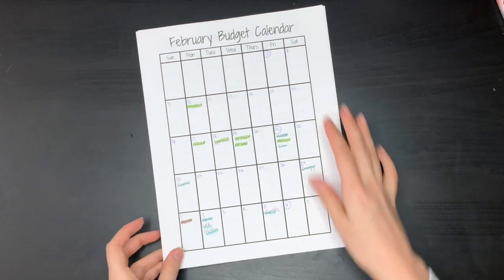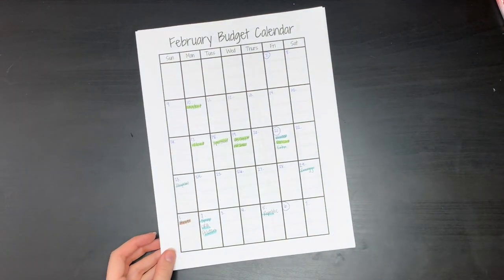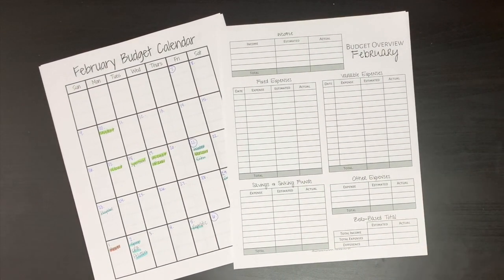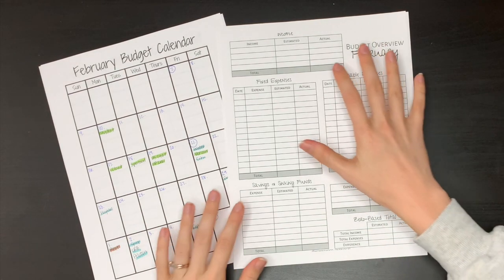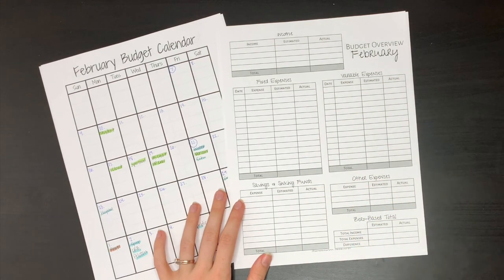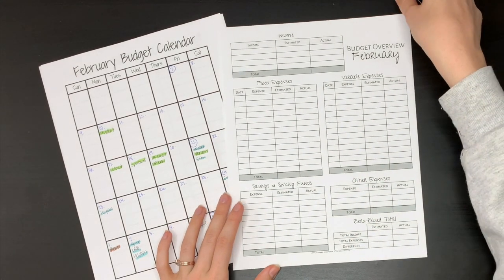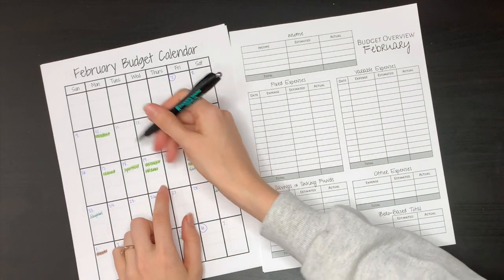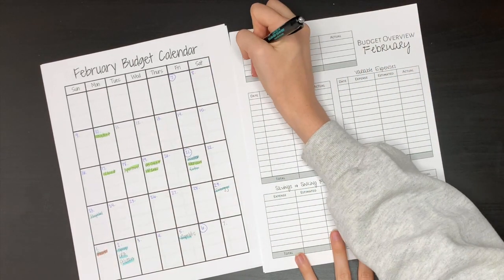Okay, so then once I am done setting up my calendar, I move on to the budget overview. And this lets me see by paycheck what our budget looks like. So this is going to be paycheck 1, which will be all of the green bills.